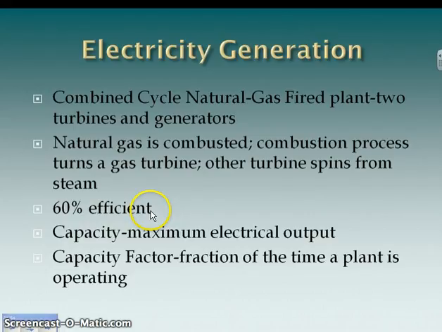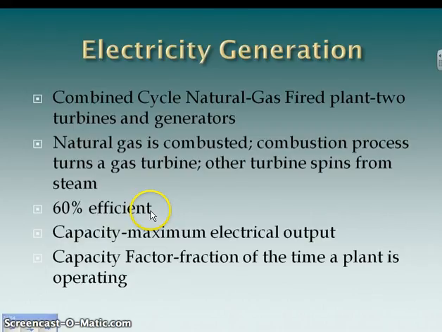There's also something called a capacity factor, and that's the fraction of the time that a power plant is operating. Some power plants are operated every single day. Some are not operated every single day. Most thermal power plants have a capacity factor of 0.9 or greater, but a lot of renewable energy power plants have capacity factors of only about 0.25, and that could be wind, could be solar.